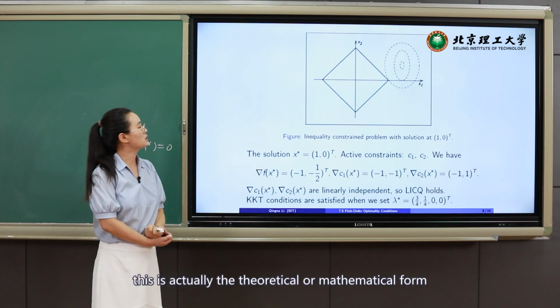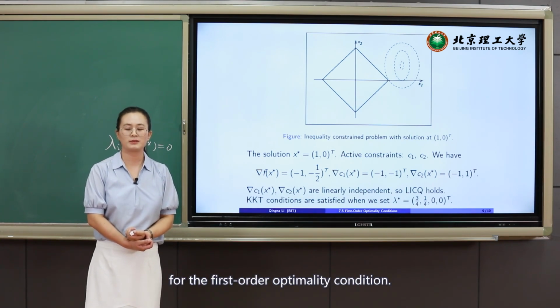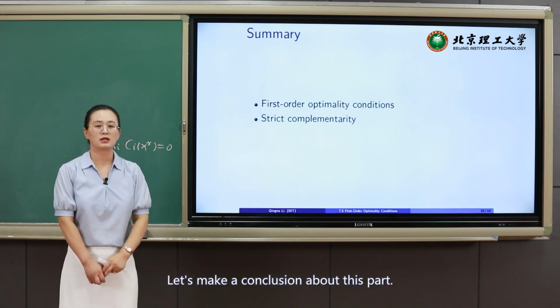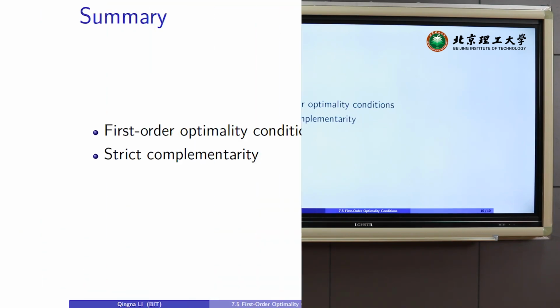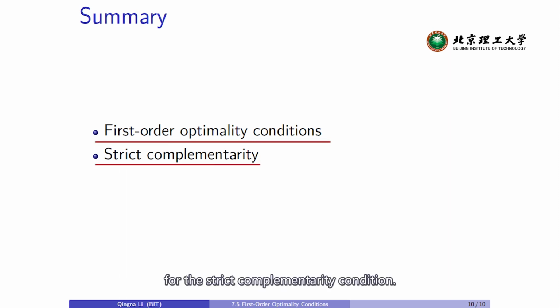Now, this is the theoretical or mathematical form of the first-order optimality condition. So let's make a conclusion about this part. In this part, we introduced the mathematical form of the first-order optimality condition. We also gave the definition of the strict complementarity condition.